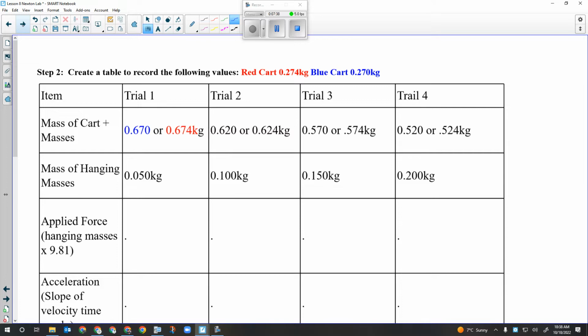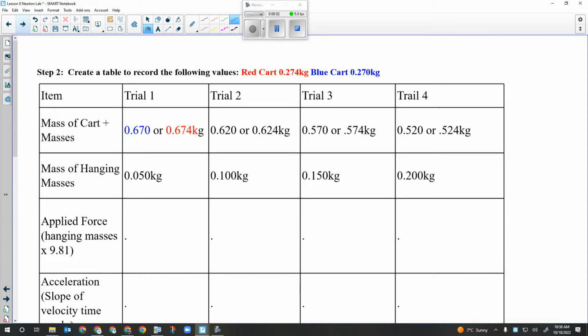So what we have to think about here is, how much extra mass am I putting on the cart in trial 1? How much extra mass? 400 grams. It's super convenient because there's a 200-gram mass right here, and in those sets, there's 2 of them. So you can put them both on the cart.